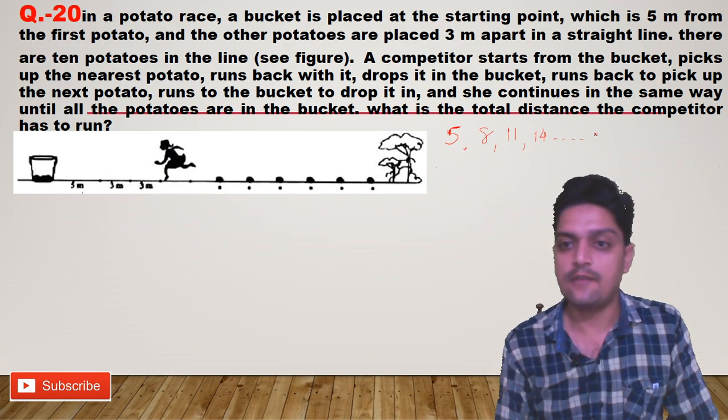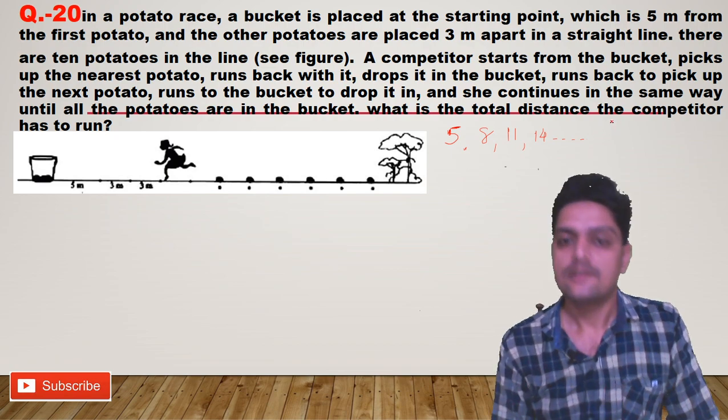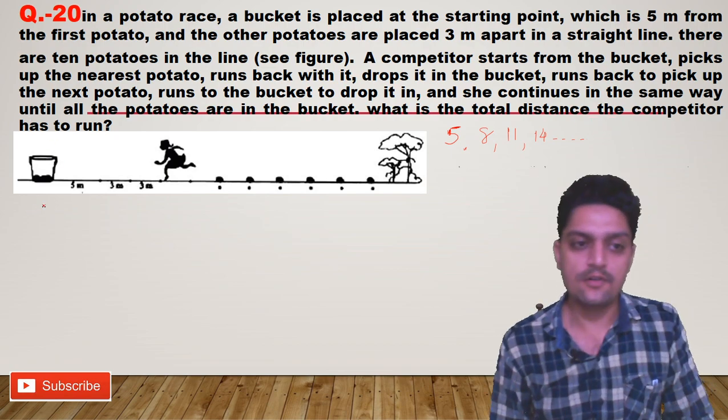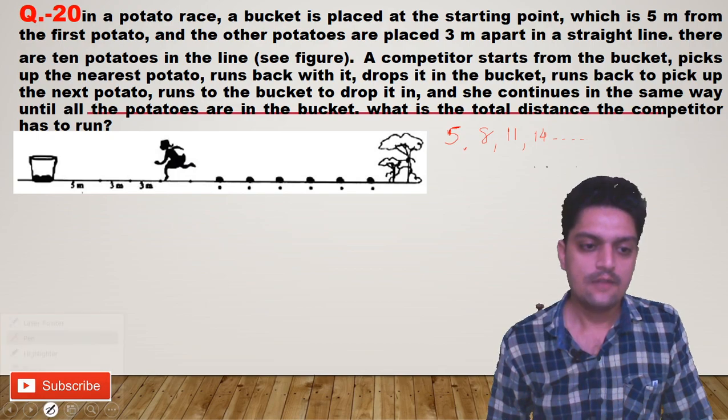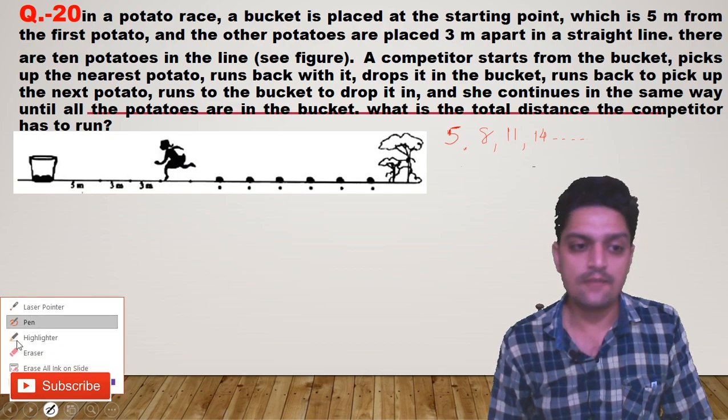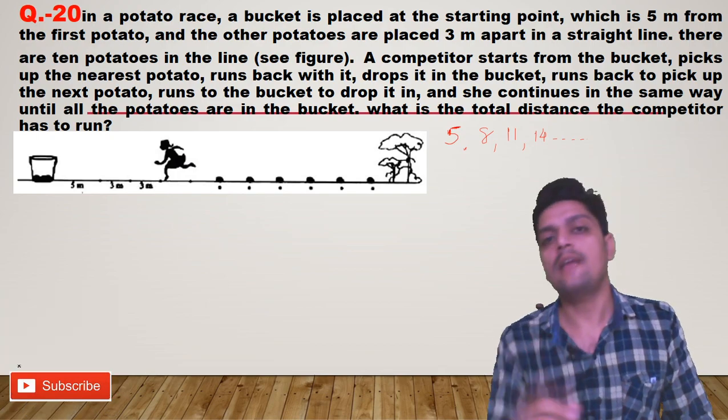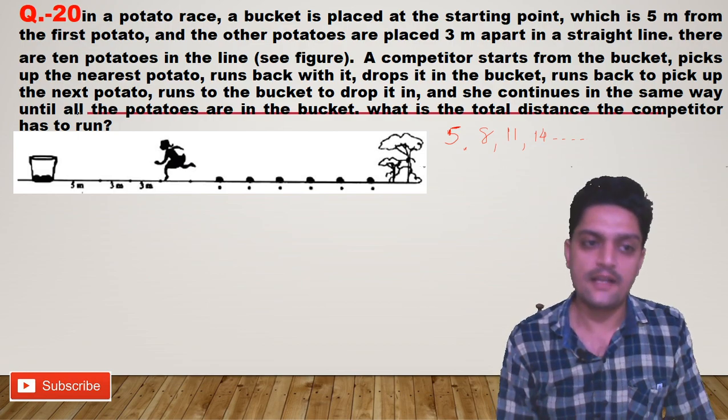So first we have to find the 10th term. To find the 10th term, what to do? Let me write here: first we will find it using the nth term formula. Using the nth term formula, first we will find the 10th term.